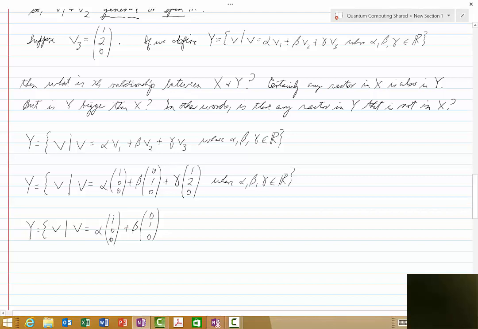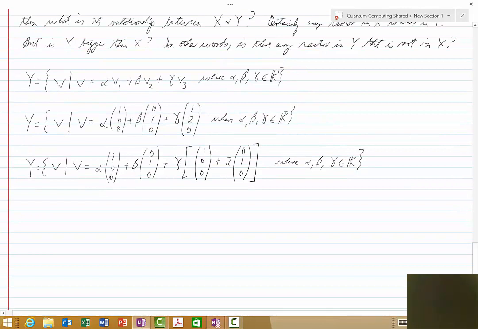We bring down those first two terms, but for the third term, I'm going to recognize that the vector (1, 2, 0) is the same thing as (1, 0, 0) plus 2 times (0, 1, 0). Now, let's see what comes next.